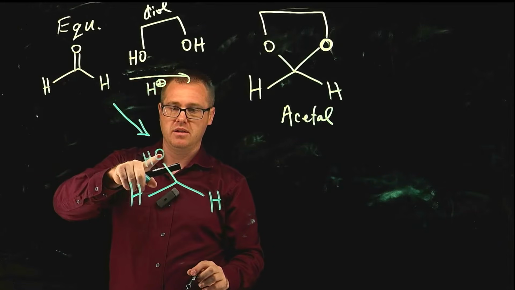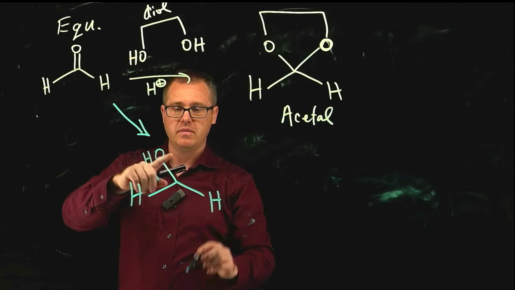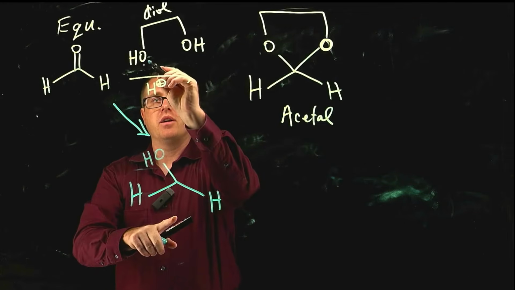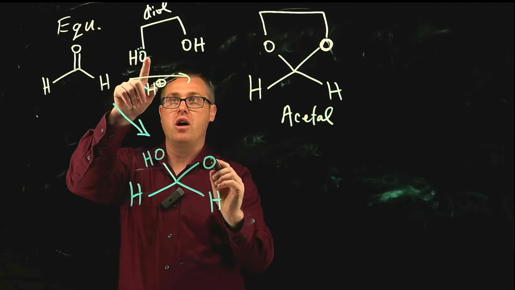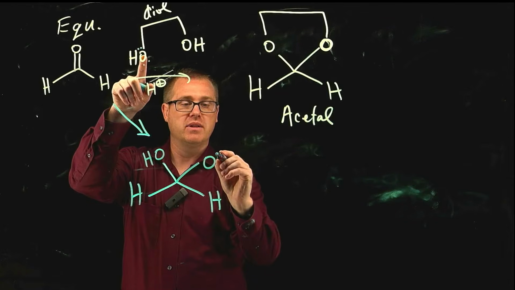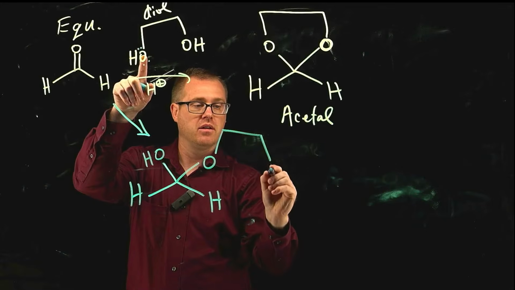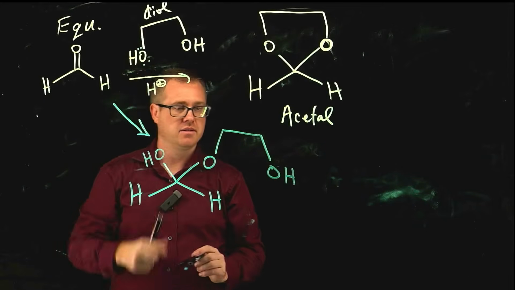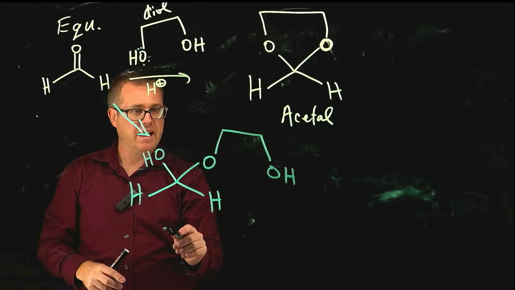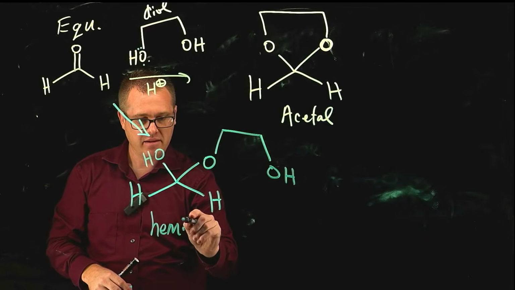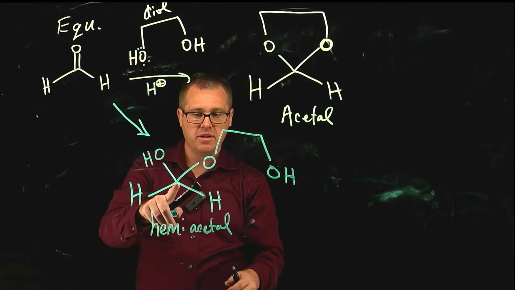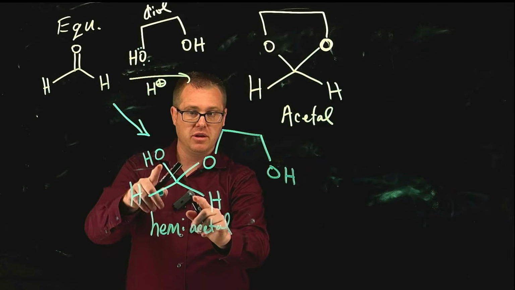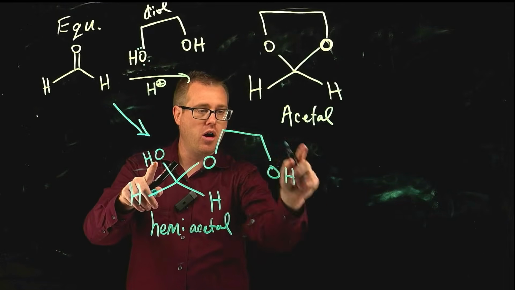So this oxygen is going to be this one. But this part of the molecule attacked the carbonyl. So that oxygen right here is that one. And then what's left over? That piece. Do you see how that is a hemiacetal? Because we have our carbon, 2 hydrogens, an OH, and an OR.